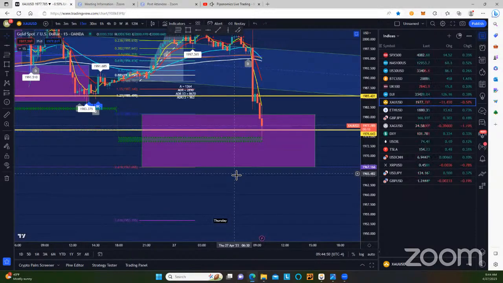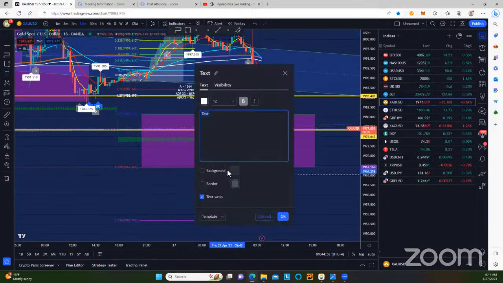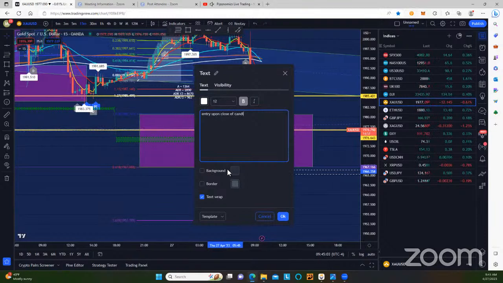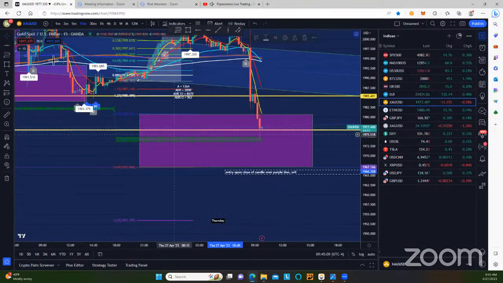but you're going to be paying close attention to your candle. Same play, right? Entry upon close of candle over the purple line, and you're going to continue in a sell. And then where's your take profit? Your next extension.